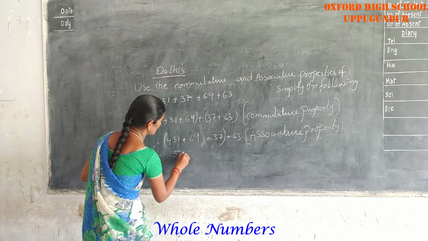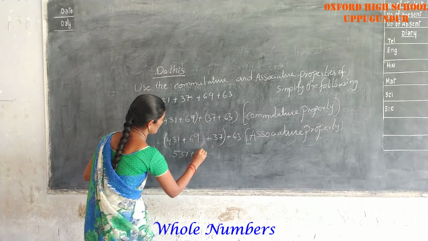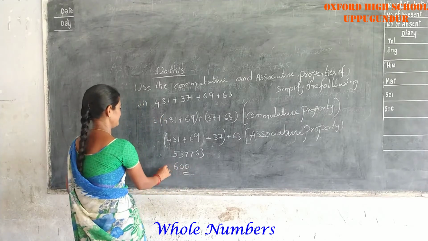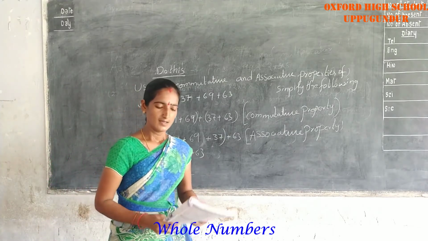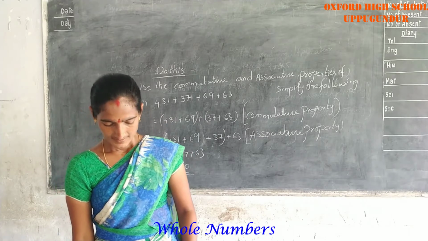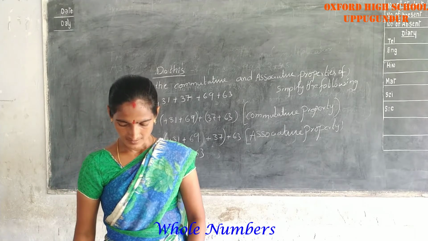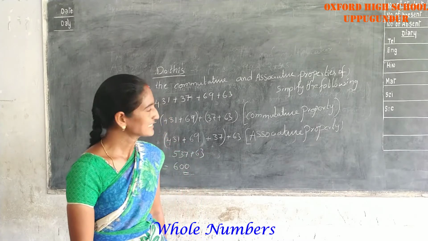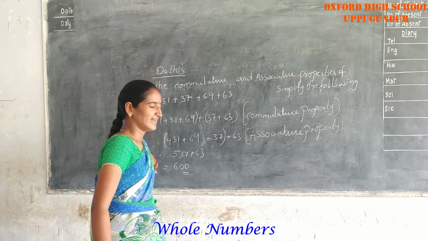Sorry, 537 plus 63 is equal to 600. Example 1 based. Do this first one and second one.